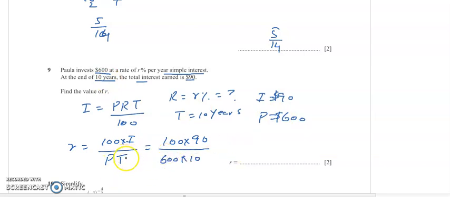So after calculating it, we will get 100 times 90 divided by 6000, and we are going to get 1.5. So R will be 1.5%. It means she invested to get this interest at a rate of 1.5%.